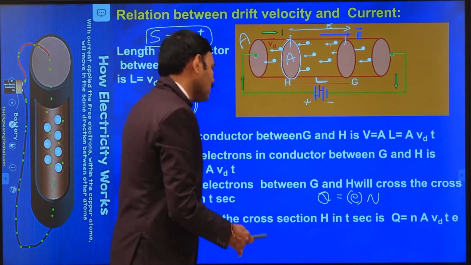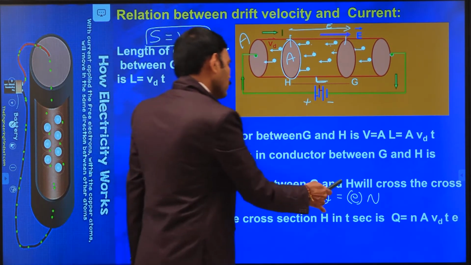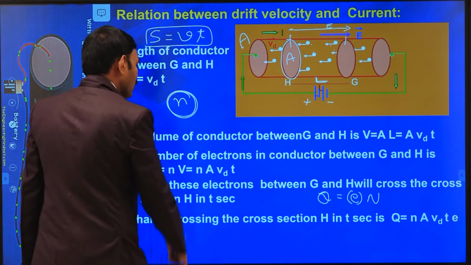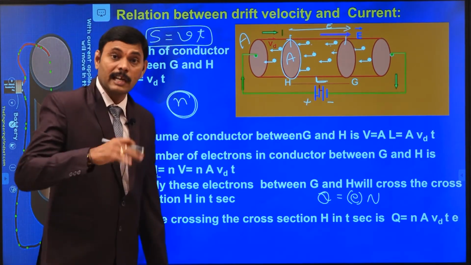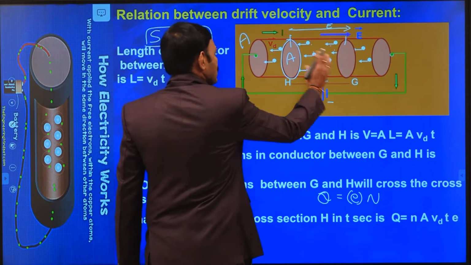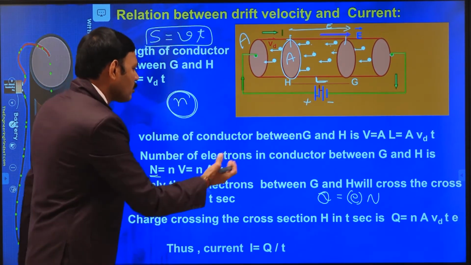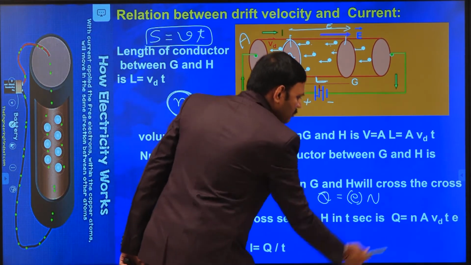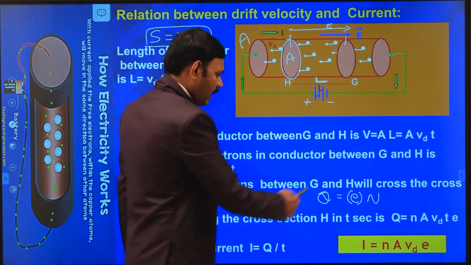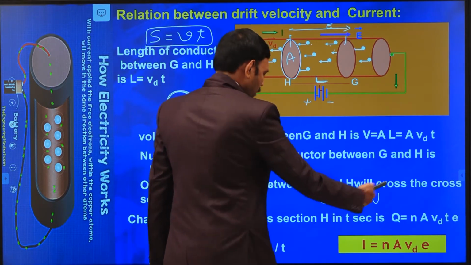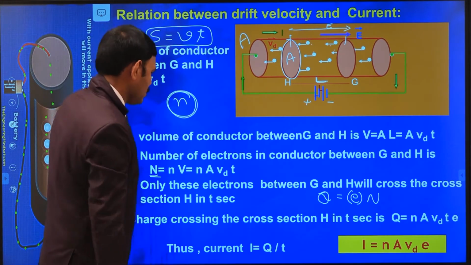Q is equal to e into N, the number of charges. Replace N by this formula, n A Vd into T. Whereas current is defined as the rate of flow of charge. In T seconds Q charge is flown, so I is equal to Q by T. Taking Q by T from this expression, I is n e A Vd. It may be remembered that n e A Vd is the relation between current and drift velocity.